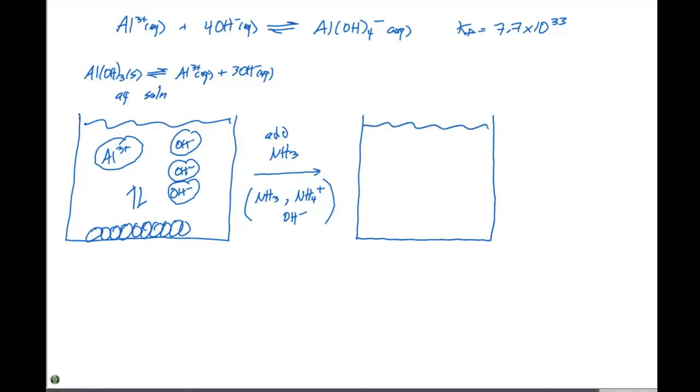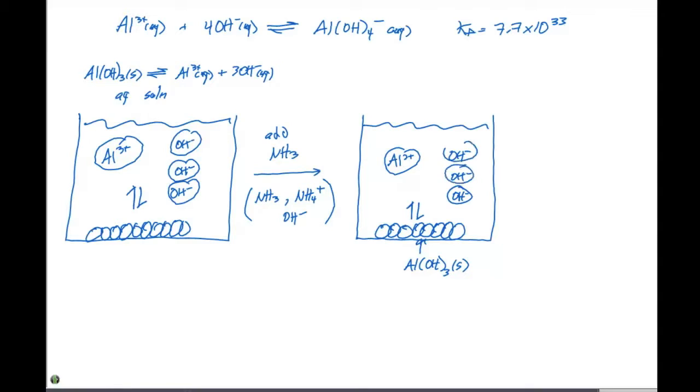we now have our aluminum hydroxide solid down here. So here we have Al(OH)3 as a solid. It's going to be in equilibrium with the species above it. So here we have aluminum 3 plus and our 3 OH minuses.